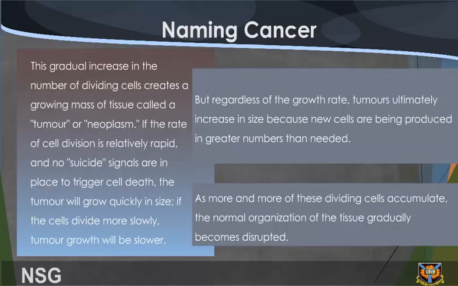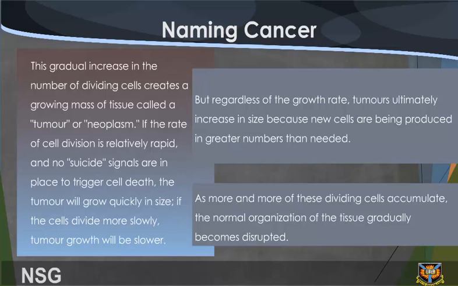This gradual increase in the number of dividing cells creates a growing mass of tissue called a tumor or neoplasm. If the rate of cell division is relatively rapid and no suicide signals are in place to trigger cell death, the tumor will grow quickly in size.